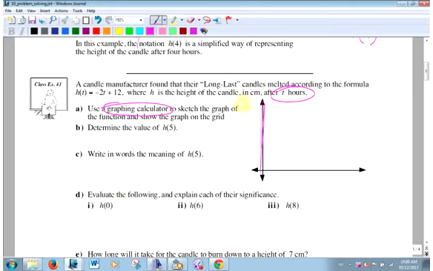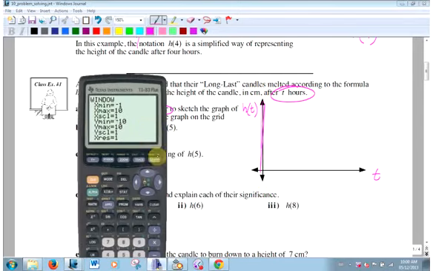This is h of t. Y-axis, you want to think of that as my output. The height is dependent upon how long I burn it for, right? Okay? This is the dependent. This is the independent. This is the outputs. This is the range. There's another word, right? This is the domain.